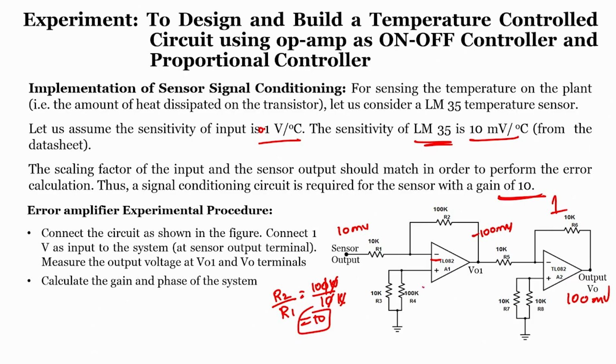Now, what is the reason behind taking these resistances here? If you recall our previous module discussions, we said that the requirement of the resistances at 10k and 100k is for offset bias currents compensation.